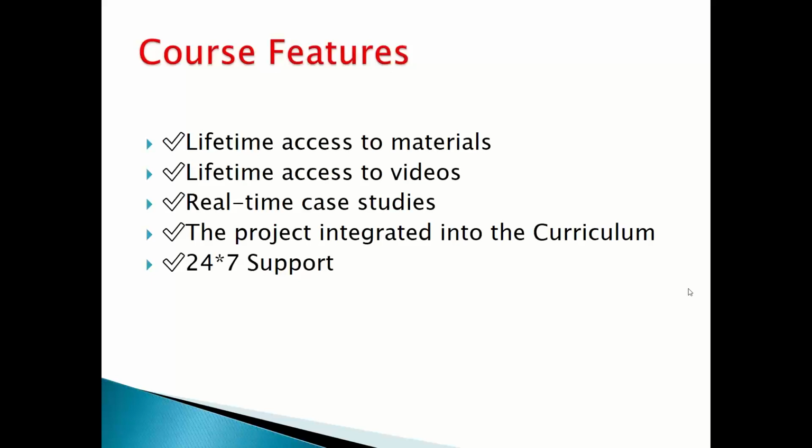The training will be for 50 to 55 days, and by the end of the classes you will be able to understand Pega like a 2 to 3 years experienced person in real time. In that way you will gain knowledge in this technology.